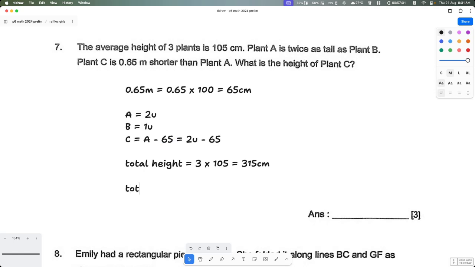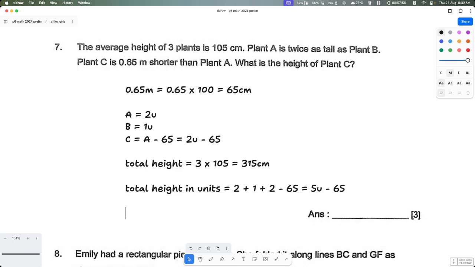The total height in units is equal to 2 plus 1 plus 2 minus 65, which is 5 units minus 65.